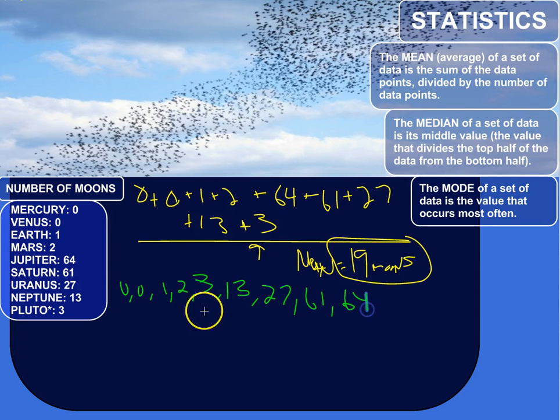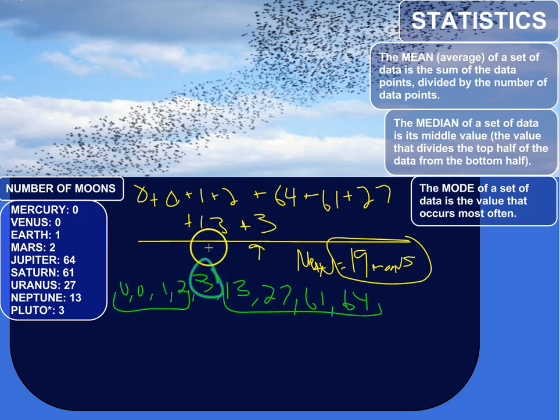Let's make sure we've got them all there. 1, 2, 3, 4, 5, 6, 7, 8, 9. Yeah, there are nine planets on the list. So 9 is a good odd number. That's why I'm including Pluto. That makes it easy. There'll be 4 values before the median, and then 4 values afterward. So 3 moons is our median.